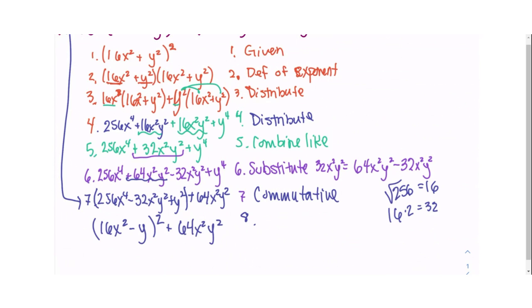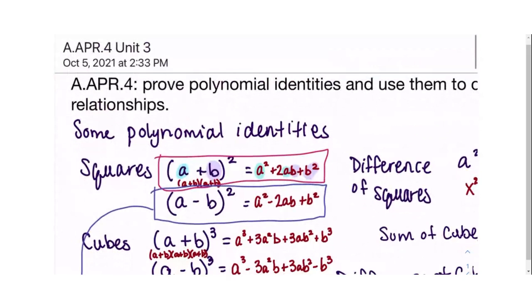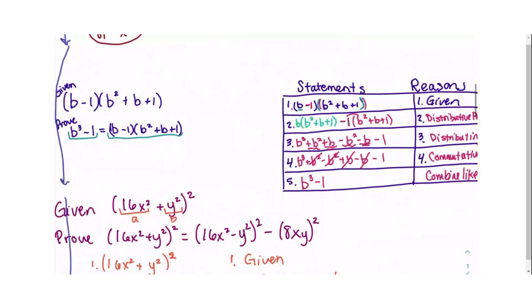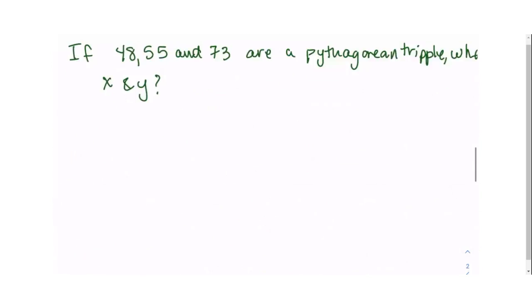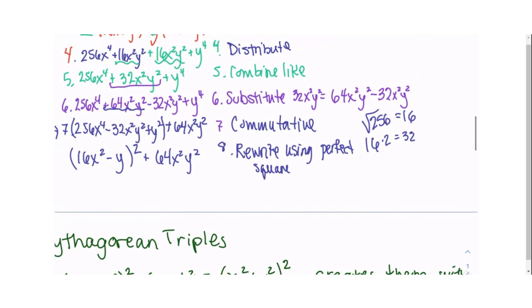And that was using, we rewrite using the perfect square. So this is called the perfect square trinomial.